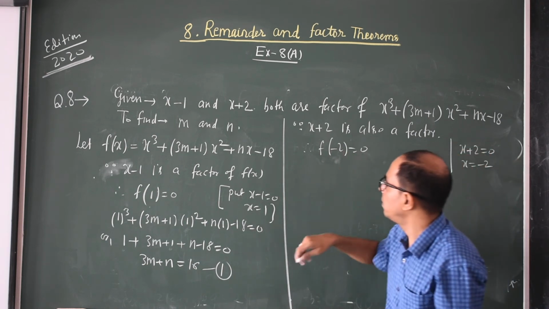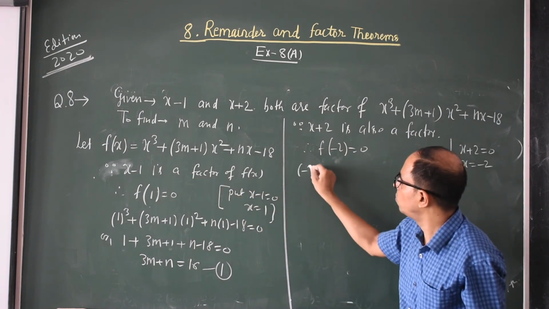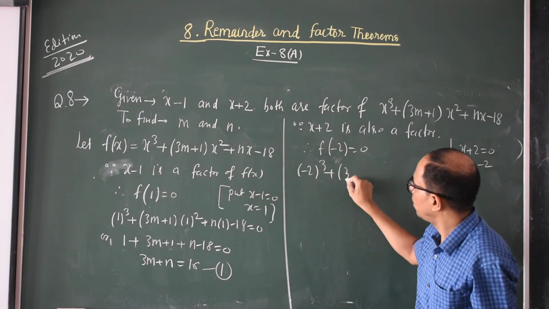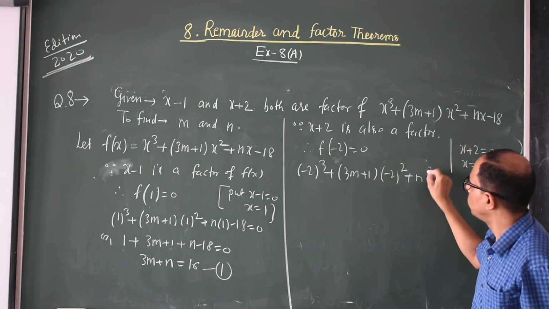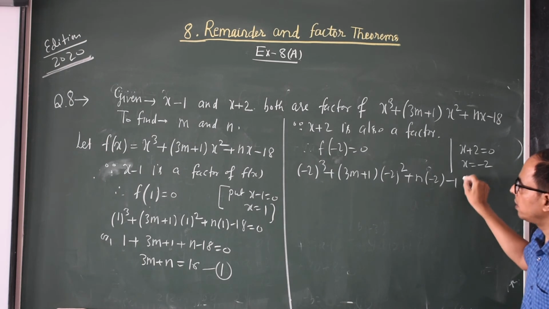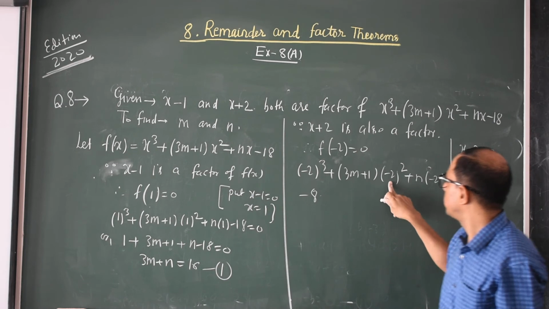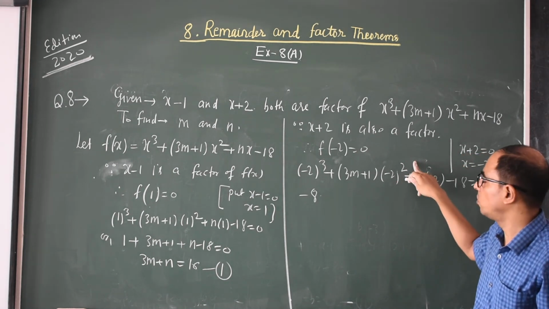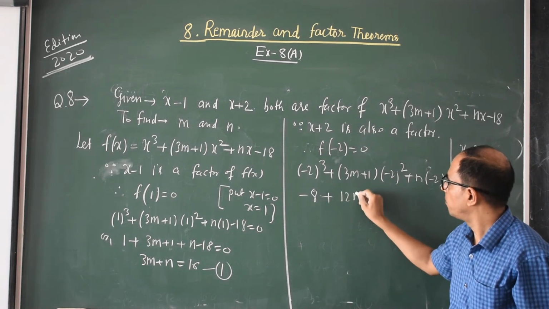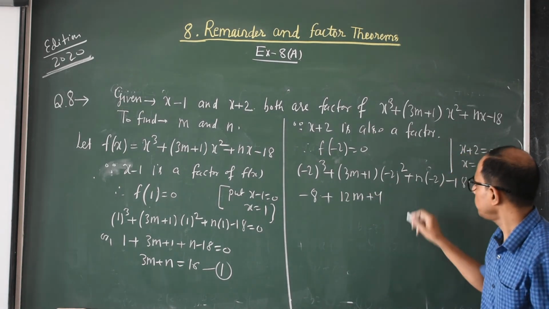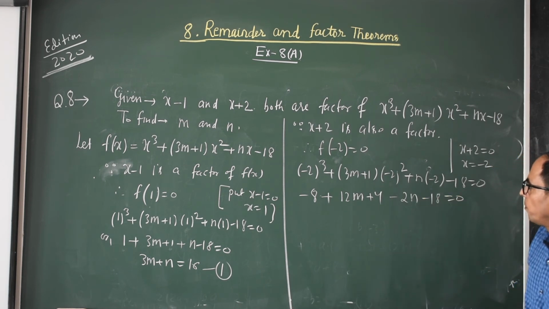So find this value, in place of x substitute minus 2. So minus 2 whole cube plus (3m plus 1) into minus 2 whole square plus n into minus 2 minus 18 equal to 0. So it will be minus 8 plus 4 into this, so 12m plus 4 minus 2n minus 18 equal to 0.